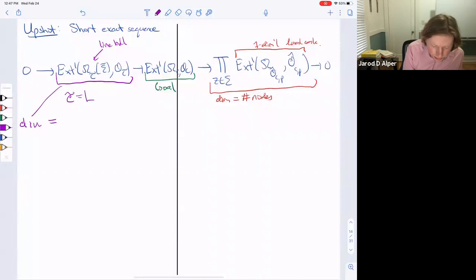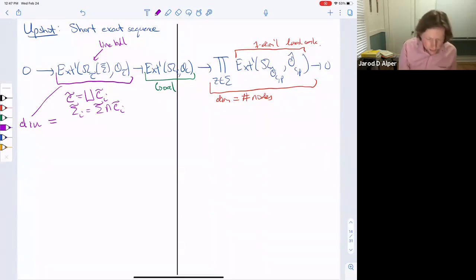So C tilde is the disjoint union of connected components C tilde I, and let sigma I tilde be the restriction of sigma tilde to C tilde I. And then the X group is just the sum of the X over the connected components. So this is the sum over the connected components of X1 of omega C tilde I shifted by sigma tilde I.